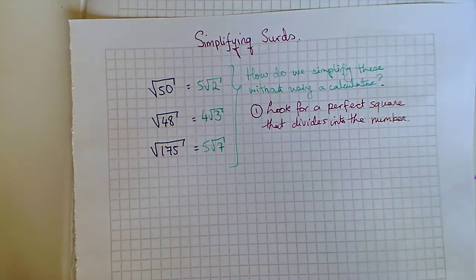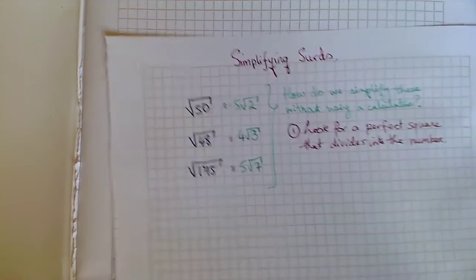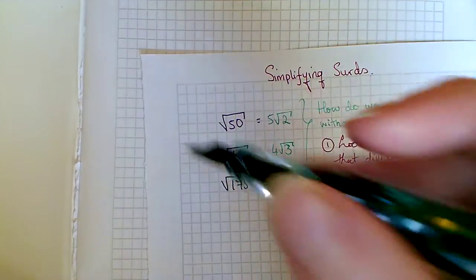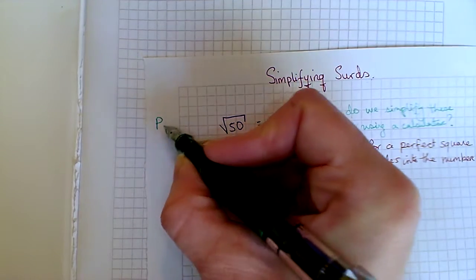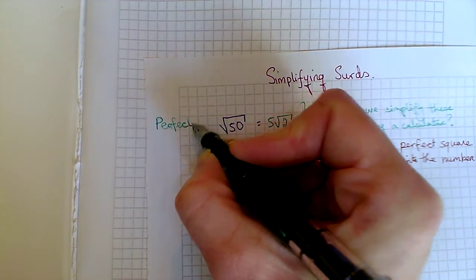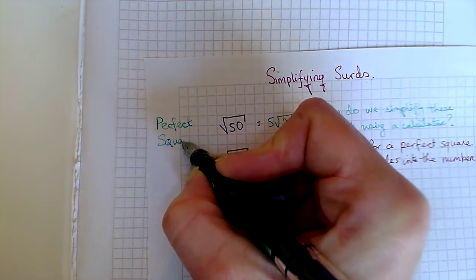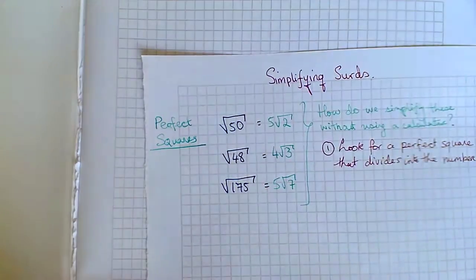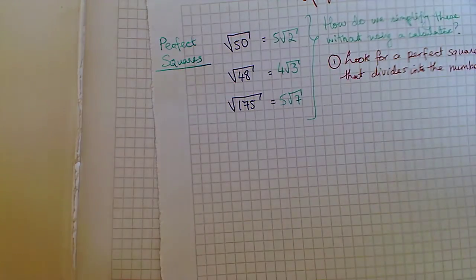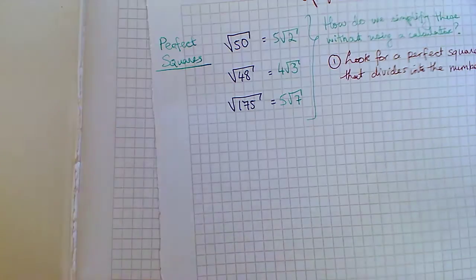What are our perfect squares? Our perfect squares are all those numbers that when you get the square root of them, you get a whole number. And I've said to you guys before that I'd like you to know the first 15 perfect squares.